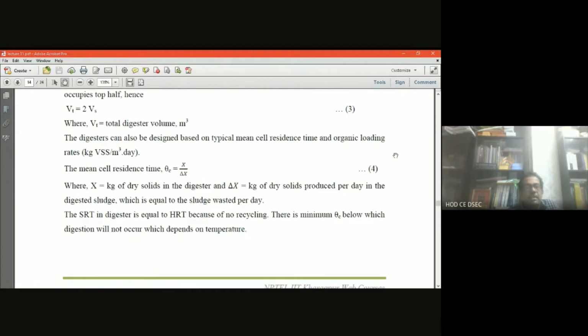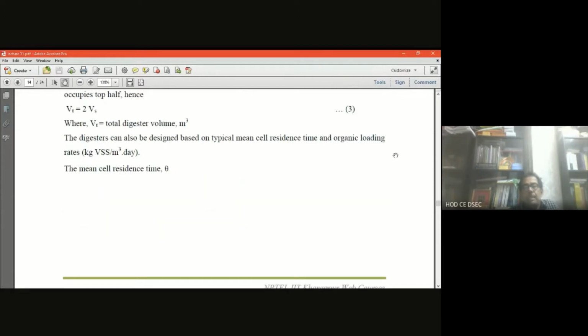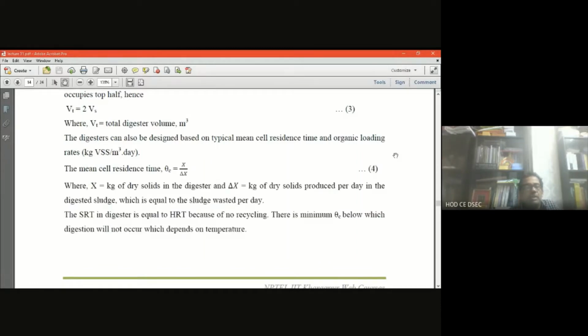So for the digester, SRT is the same as HRT because no recycling takes place. So there is a minimum theta c below which digestion will not occur, which depends on the temperature. Fine.